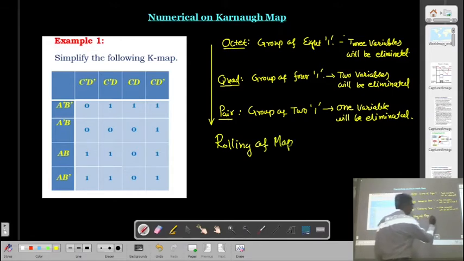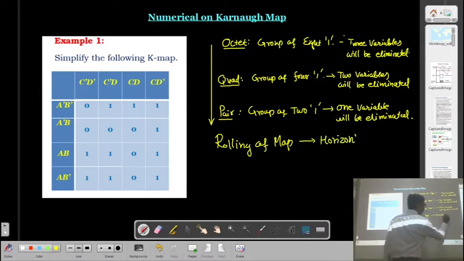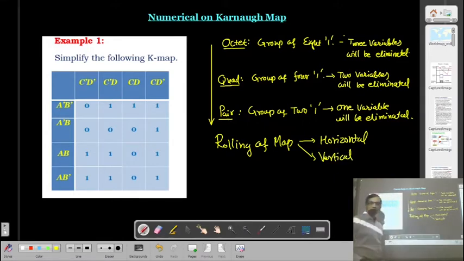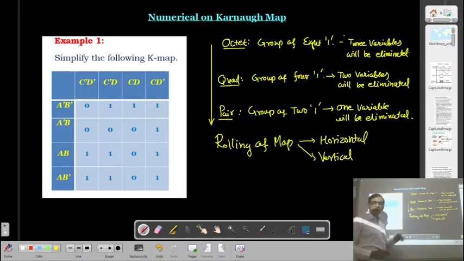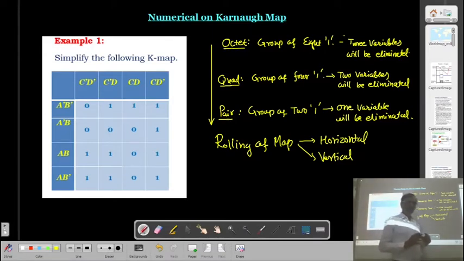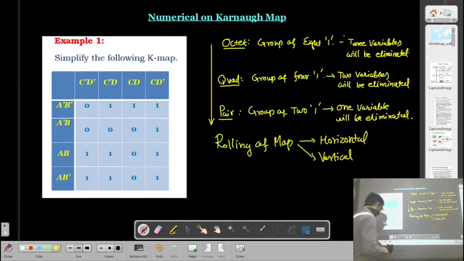You can roll the map in a horizontal direction, or you can roll the map in a vertical direction, and you can mark the quad, octet or the pair. Okay? So these are the basic rules for simplification of a Karnaugh map. Now let us see a few examples, through which you will get the idea of how we can simplify the Karnaugh map.